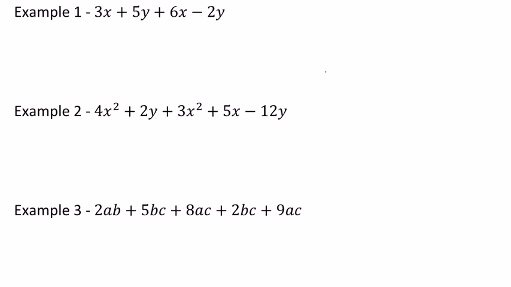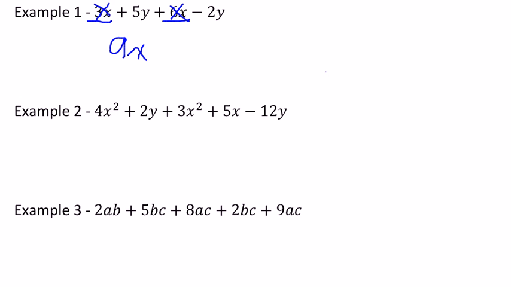Our first example, 3x plus 5y plus 6x minus 2y. Well, we identify the different kinds of terms. The first kind is the terms that have the variable x, 3x and 6x. 3x plus 6x just equals 9x. So we can add those together because we add their coefficients, the 3 plus the 6. Then I like to cross those out just so I don't mess around with them anymore in the problem.